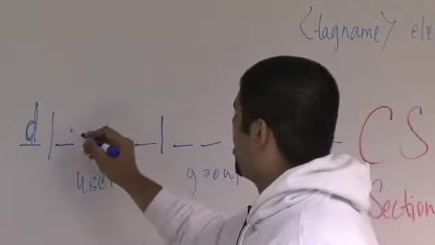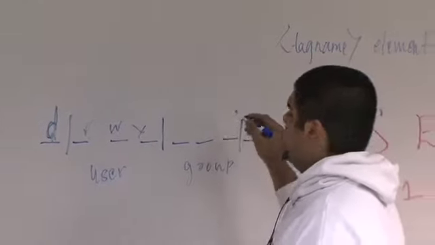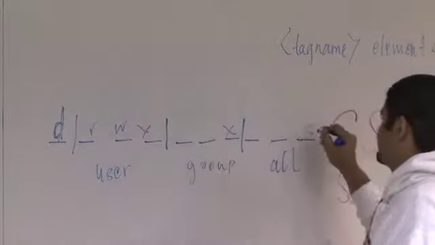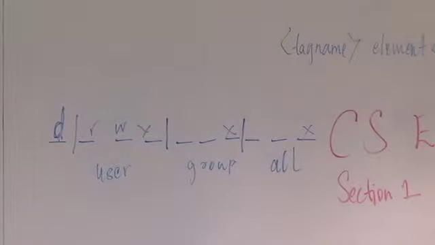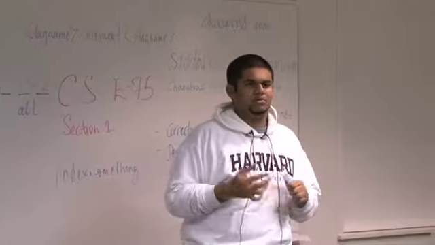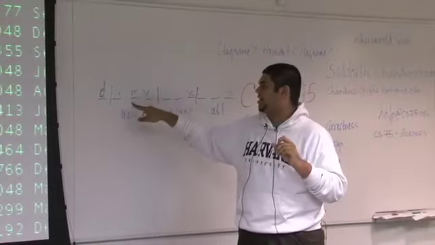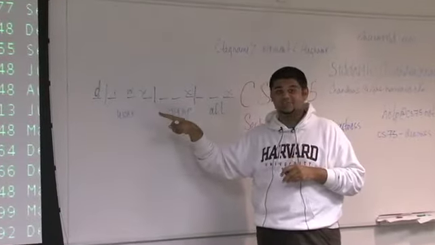So this is rwx, nothing, nothing. This is the current state of the file. Do you have any guess for what R and W stand for? Read and write. Yep. And X? Execute. Yep. So for the viewers at home, R and W stand for read and write, and X stands for executable.